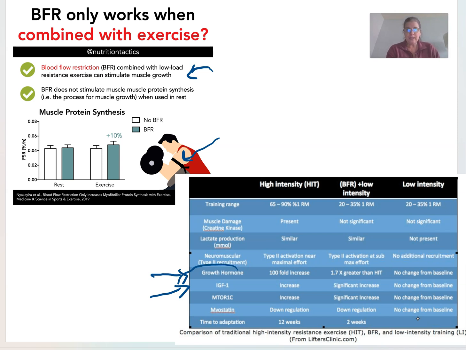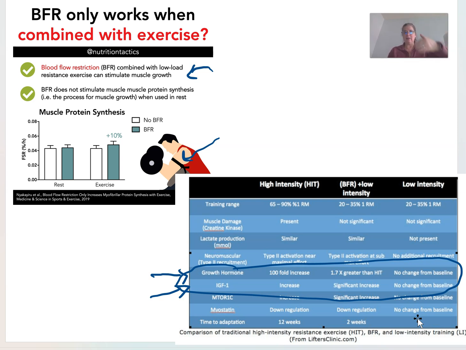Normally in order to get your testosterone and your growth hormone released, you have to really trigger those type 2X fibers. So you have to work at a pretty high intensity when you're lifting weights. But what happens with the band is you put the band on and you lift much lower weights. The weight that you're lifting is much lighter, but you actually get a stronger effect.